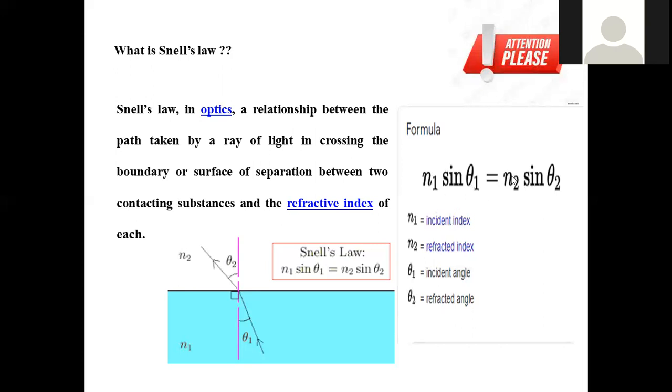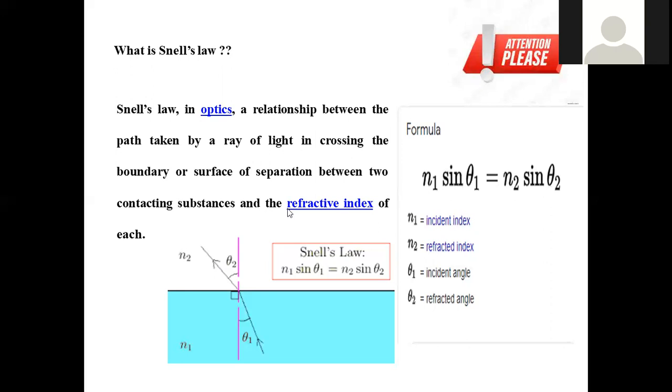N1 sine theta 1 is equal to N2 sine theta 2. This is the equation. N1 sine theta 1 is equal to N2 sine theta 2. N1, N2 are the refractive indices of incident and refracted light. Theta 1 and theta 2 are the angles generated by incident and refracted light.